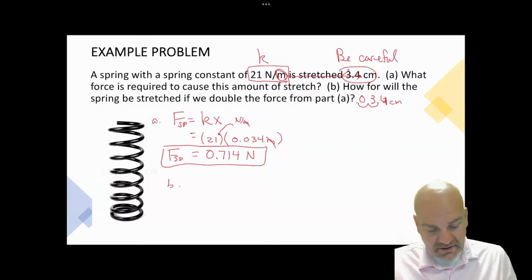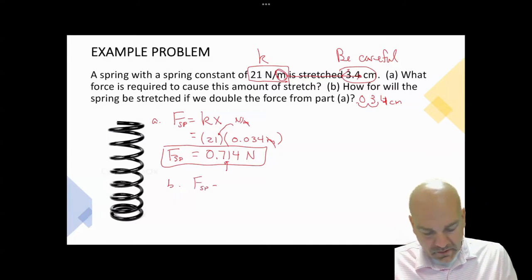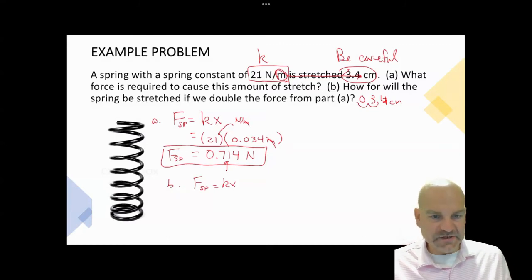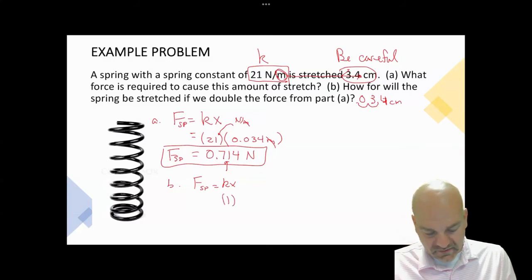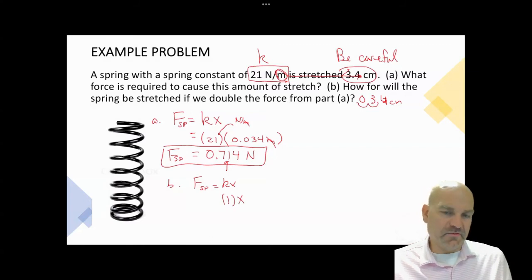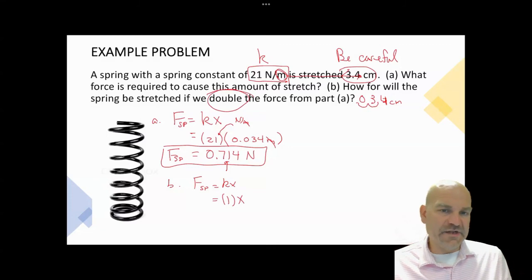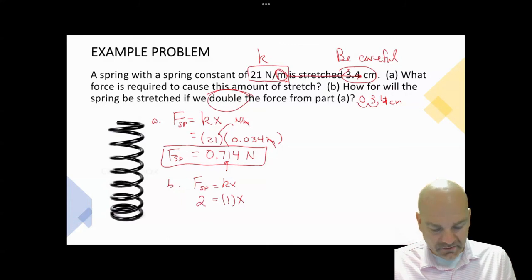Part B asks: if we double this force, how far is it stretched? There's a video we call the factors of change, so let's try that method here. The factors of change says I'm going to plug in the variables that remain constant. In this equation, the spring constant remains constant. Then we plug in the factor of change for one of our other variables: we're going to double the force.